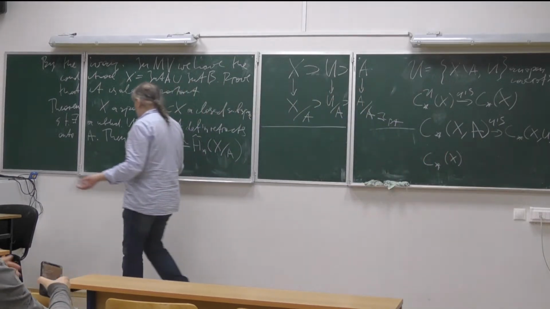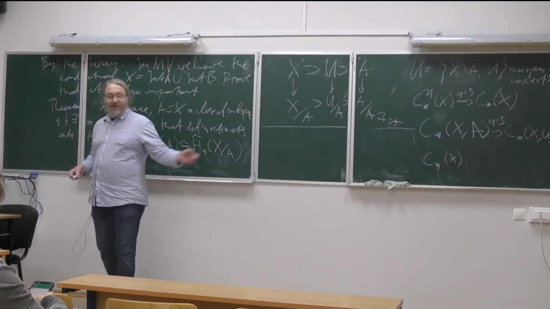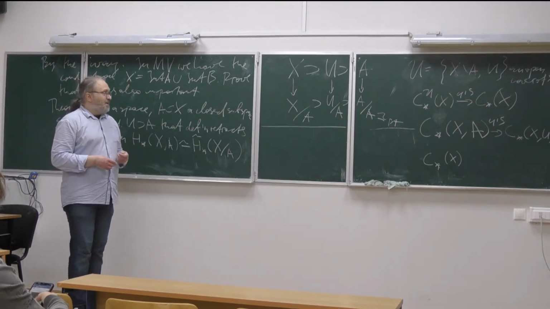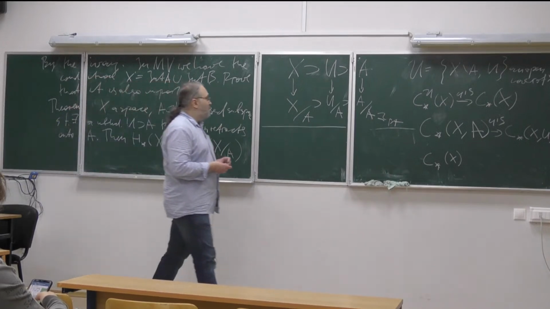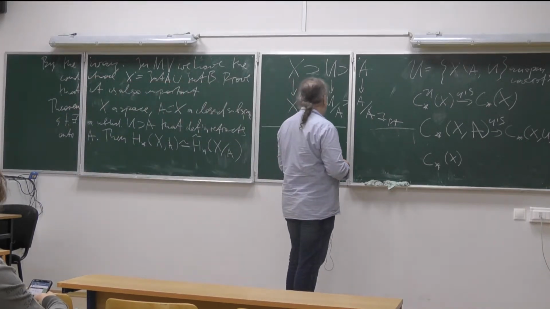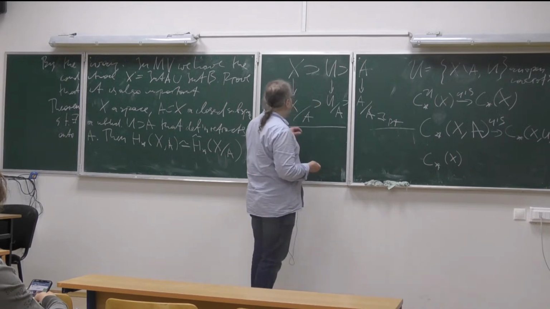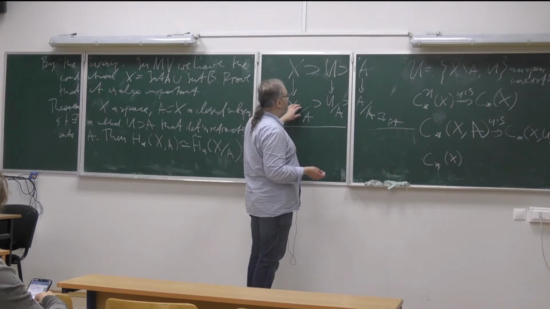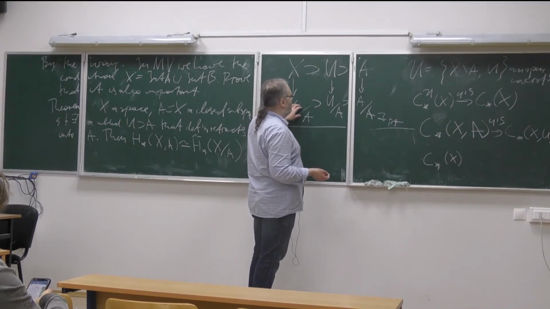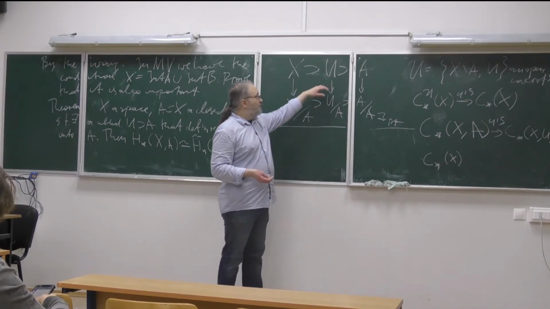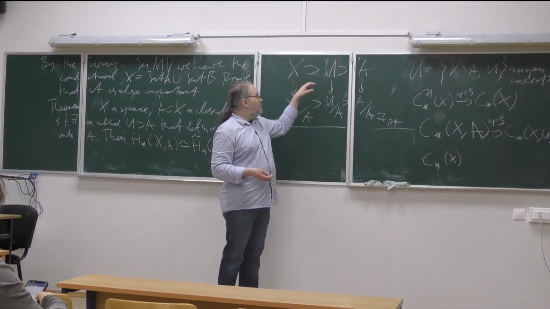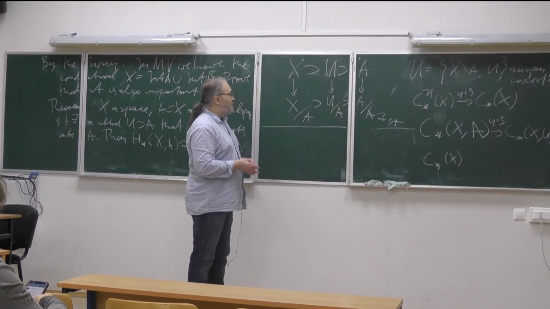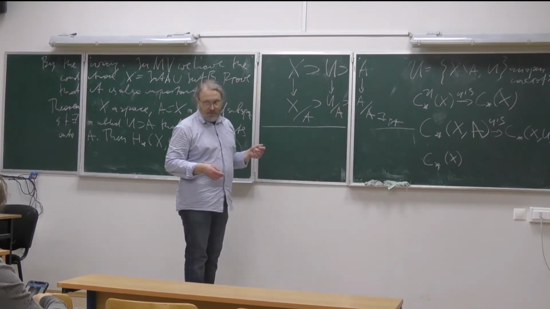Does anyone have any idea how to do this? So we want to prove that the relative homology map induced by either X mod U or X mod A is an isomorphism.